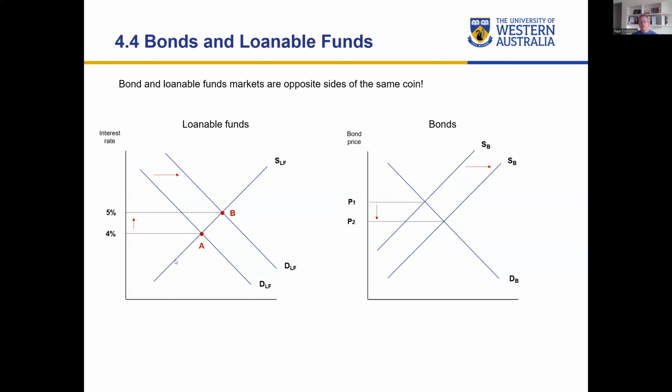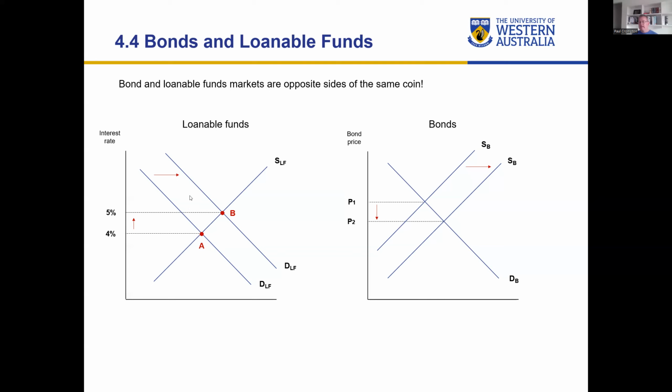And so we can also see that we get this inverse relationship between bond prices and bond yields. So on the left-hand side, we know that when there is more demand for loanable funds, when there's more demand for money, that is going to increase the bond yields or the interest rate. And I'm assuming that that goes from 4 to 5%.